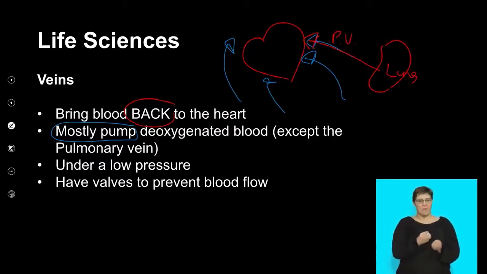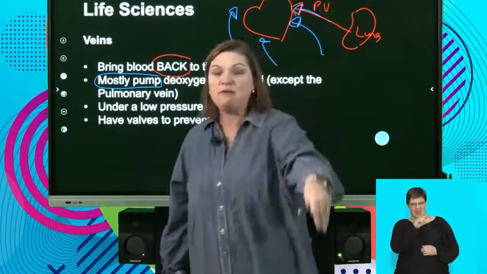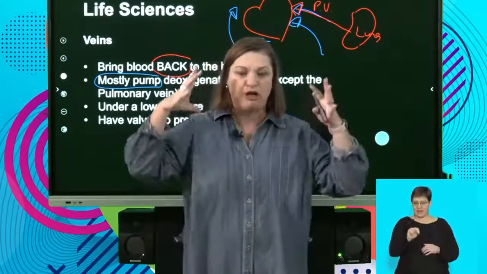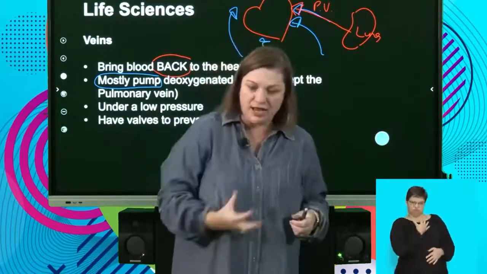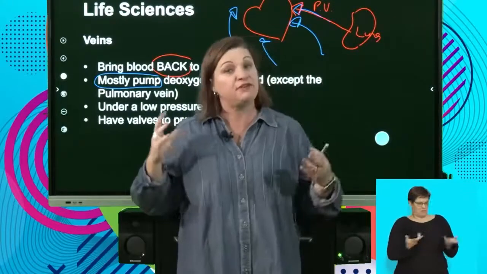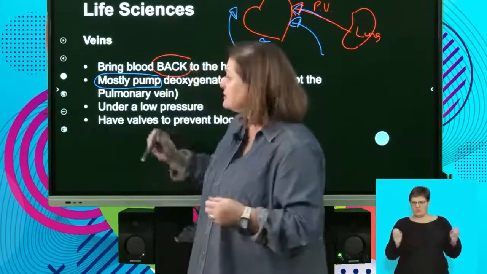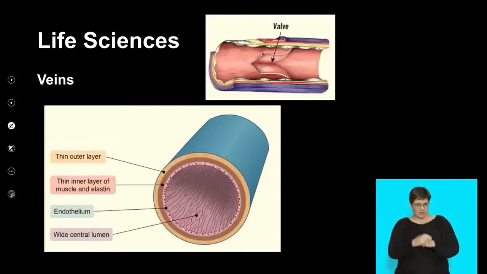Now, guys, it seems quite funny for me because if I was to make a vein, I would put a large muscle layer in it to get it to actually squeeze back up again. But funny enough, it doesn't. Let's have a look at the structure. If you have a look at the vein, it has a much larger opening. The blood goes through here.